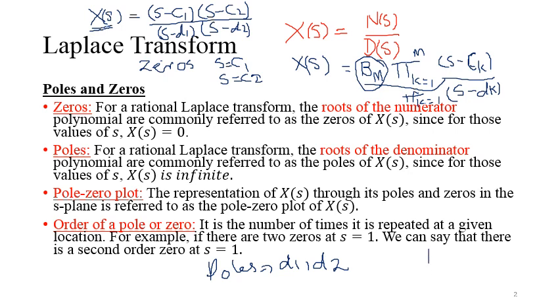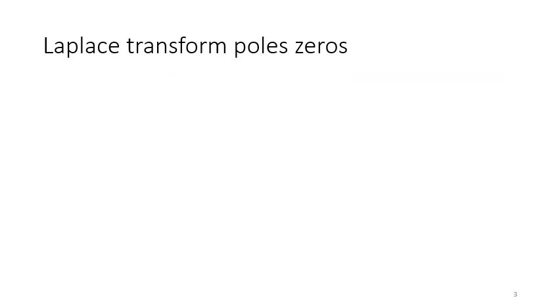You understand what the s-plane is. Let me plot it on the next slide. For example, this is the s-plane, where this is sigma, the real axis, and this is the imaginary axis.